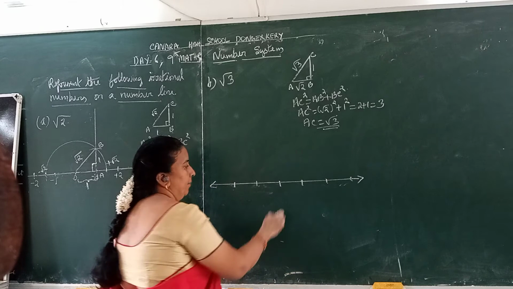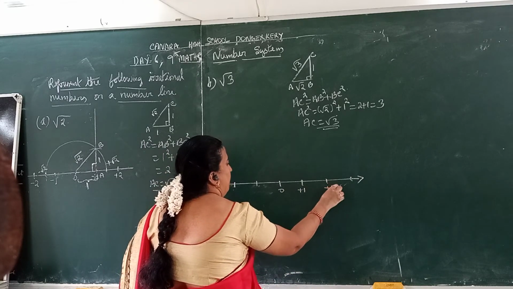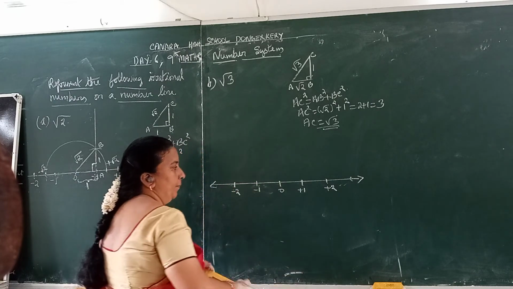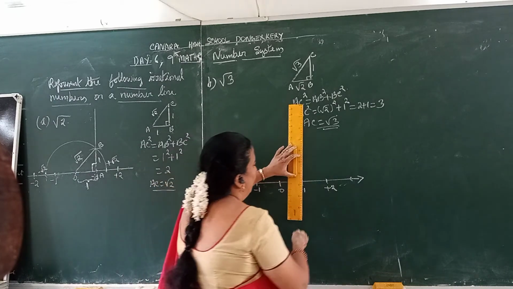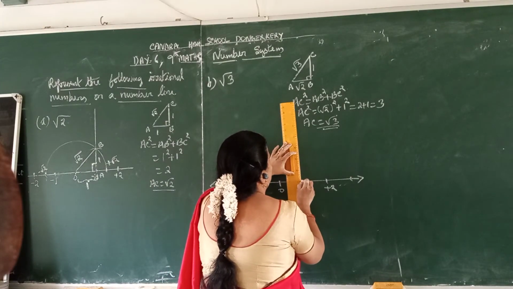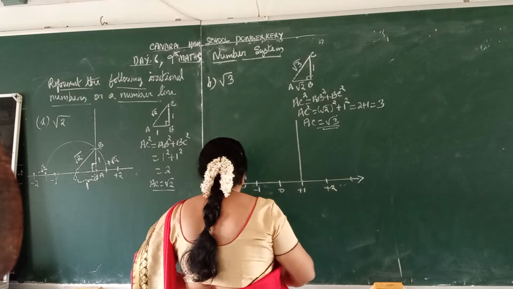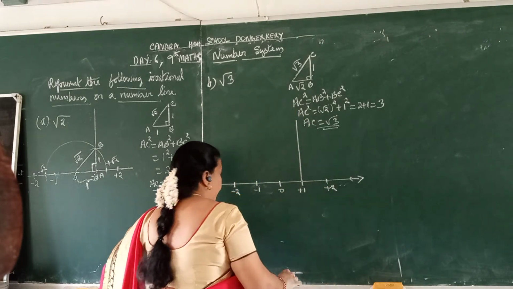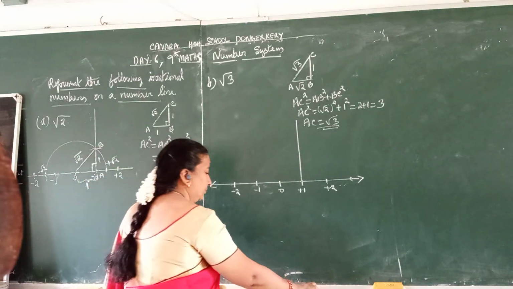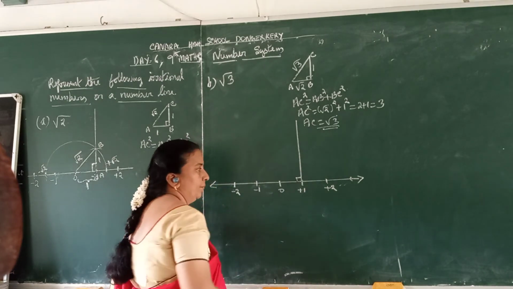Number line is ready. 0, plus 1, plus 2, minus 1, minus 2. Over. At plus 1, draw one perpendicular line. You remember, 90 degree.